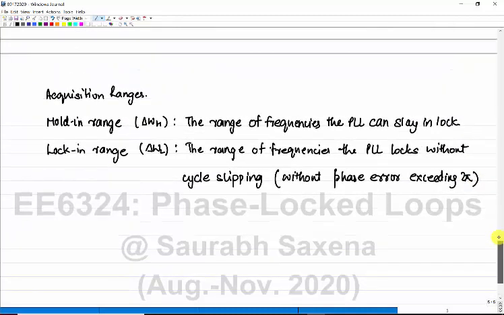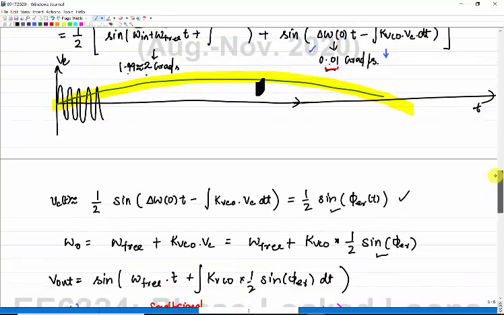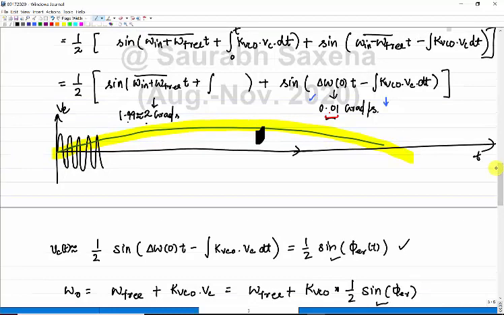If you look at this large scale, we will deal with these numbers specifically, your V error voltage is going as a sinusoid, and this is your phase error. My phase error at any given instant of time is delta omega 0 times t minus kVco times the integral of V control dt.